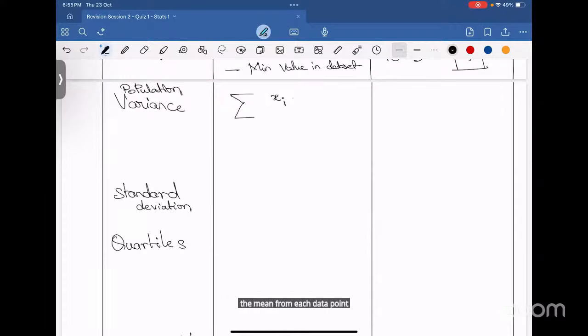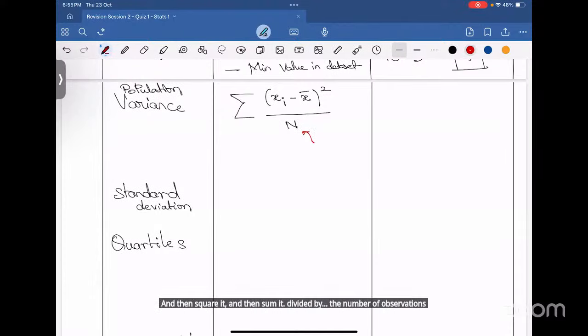So firstly, we have to compute the mean. Let's say X bar is the mean, and we have to subtract the mean from every data point and then square it and then sum it, divided by the total number of observations.